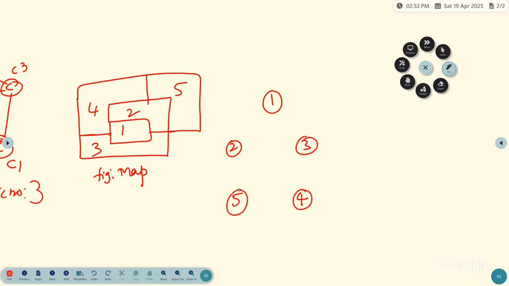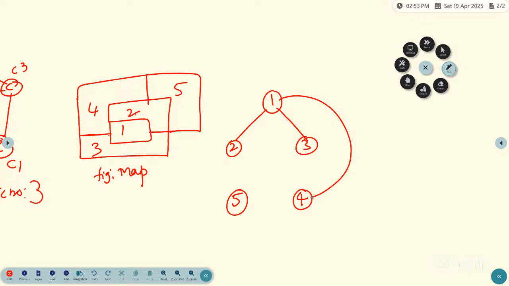This is like one state. 1 and 2 are adjacent, so make one connection. 1 and 3 are also adjacent. 1 and 4 are also adjacent. 1 and 5 are not adjacent.